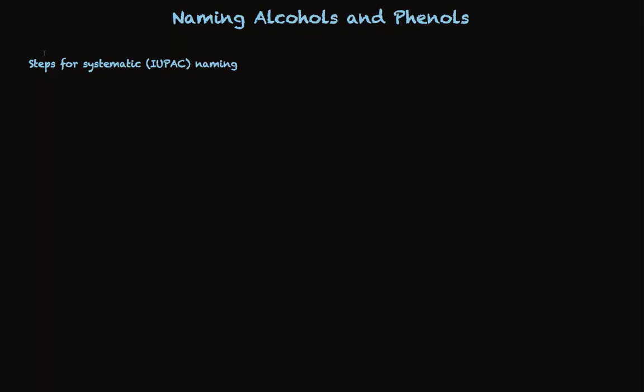The first step is always to find the highest priority functional group. And then identify the longest chain that contains that functional group.